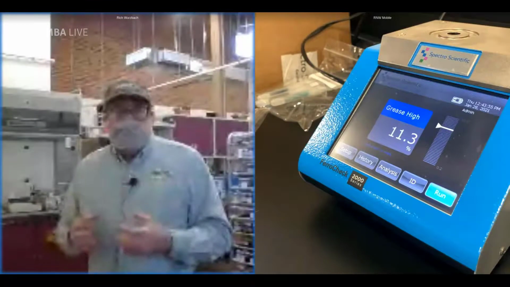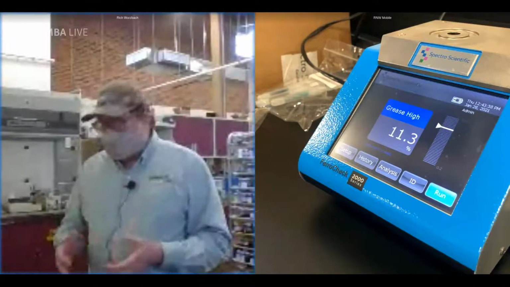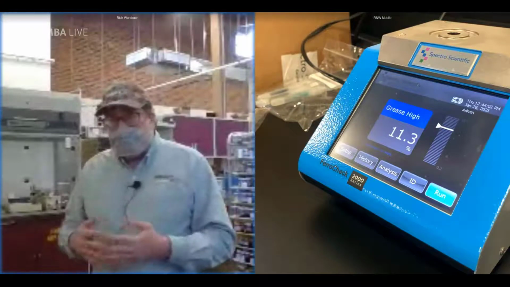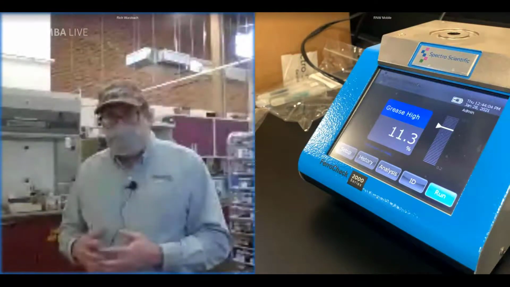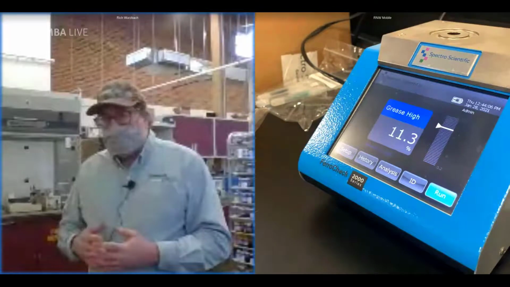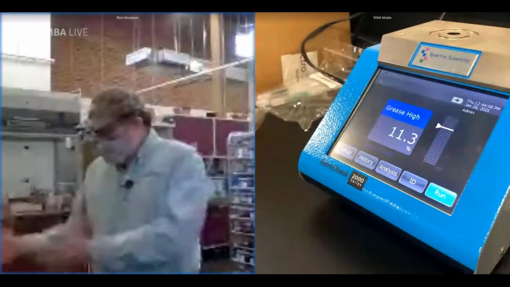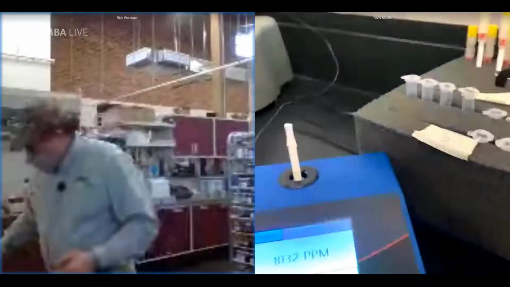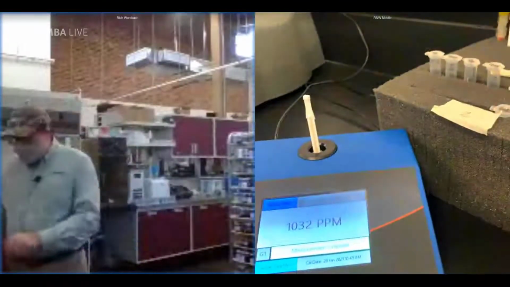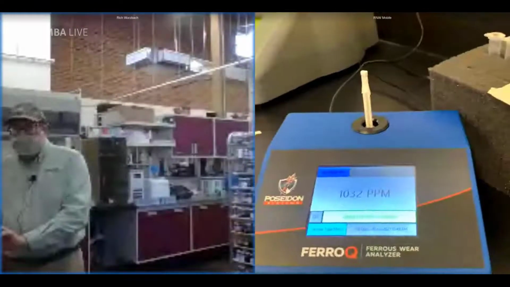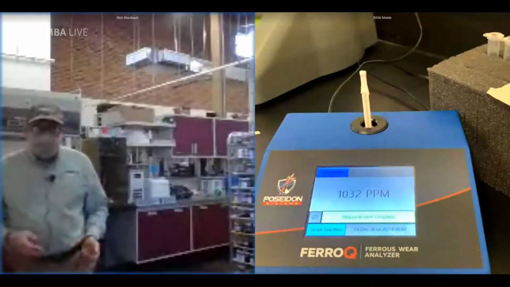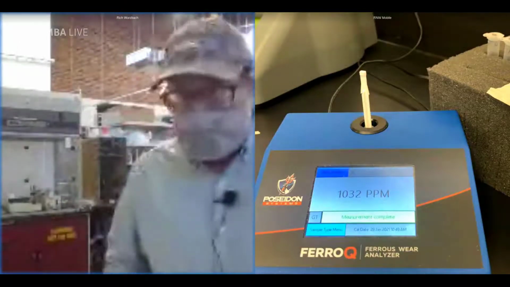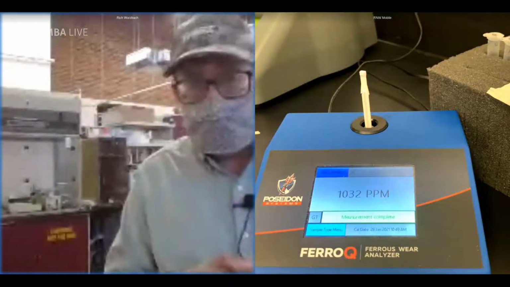But being able to screen samples fairly quickly if we use a device that's giving us that quick turnaround, and also something that takes that 1 gram sample and allows us to do a bunch of different tests, do a quick check on the ferrous content, switch right back, and move on and do other tests as well. So I want to open this up, see if we have any questions or anything else I can demonstrate from the samples that I've brought here today.